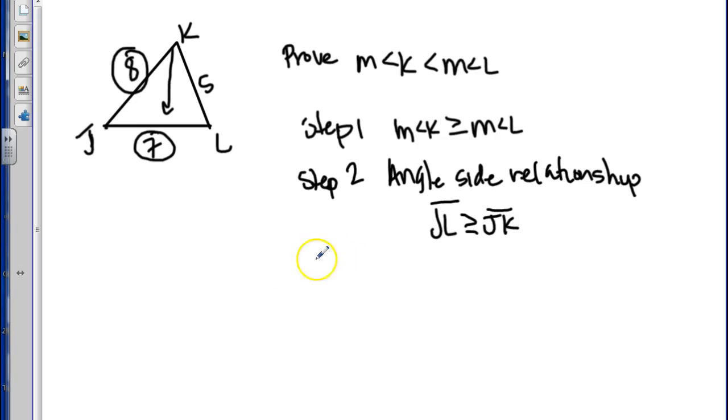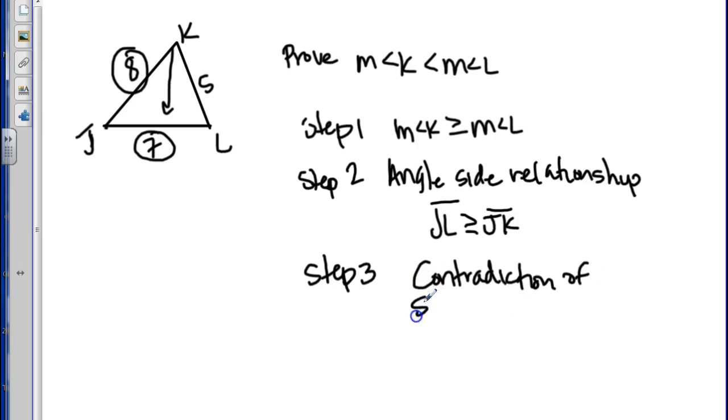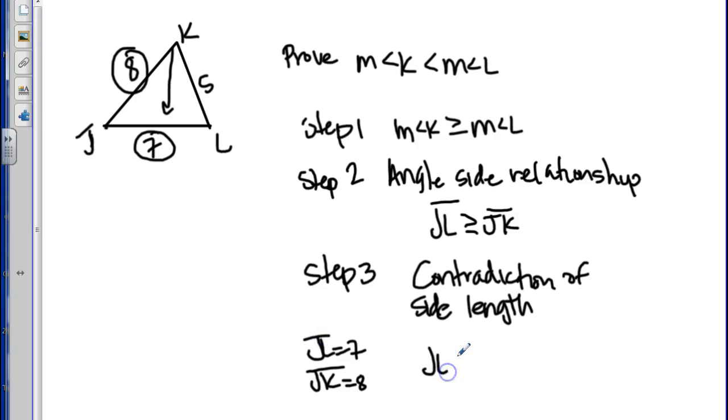All right, so step 3, this is a contradiction. Contradiction of the given side lengths, because they gave us that JL is 7 and JK is 8, which means JL is actually less than JK.